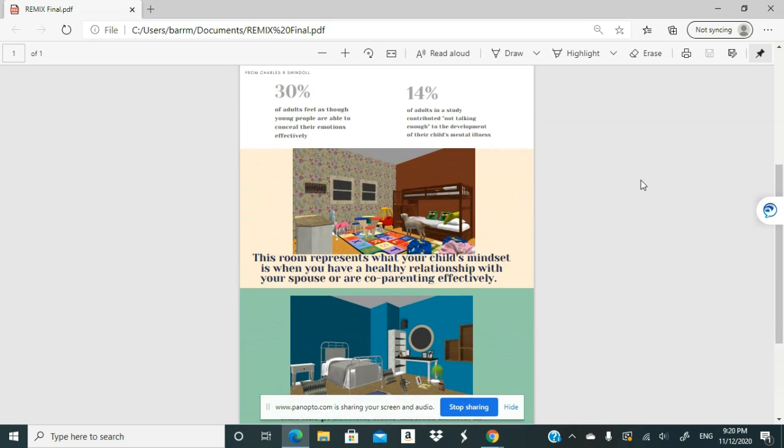And here is what a child who is happy looks like, whose parents have a healthy relationship, whether it be marriage or co-parenting. I feel like this is a good way for parents to see that, okay, my child is happy.